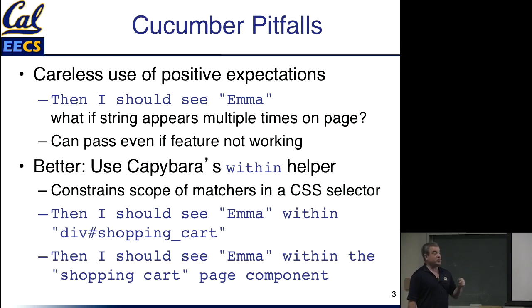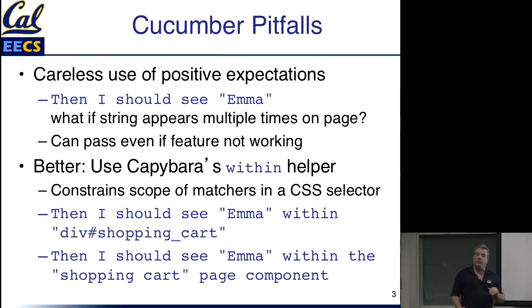One of the examples, which ironically we used in the exam code, is that there's a helper in Capybara called within that lets you restrict searching for a particular element or text on the page to be within some CSS selector. So when we talked very briefly about HTML, we remembered that there's HTML elements and there's also containers like divs and spans.